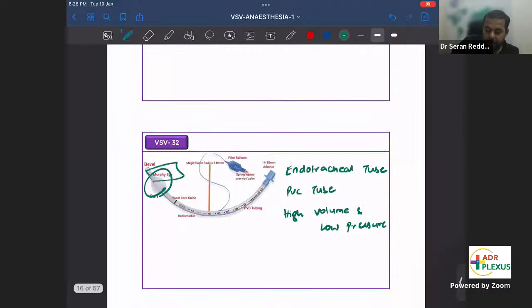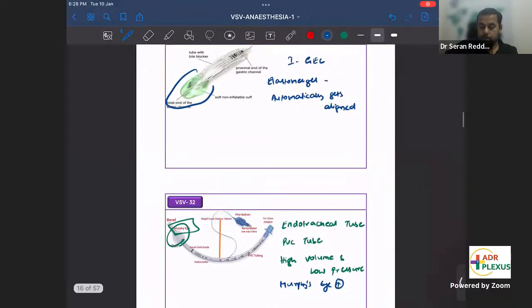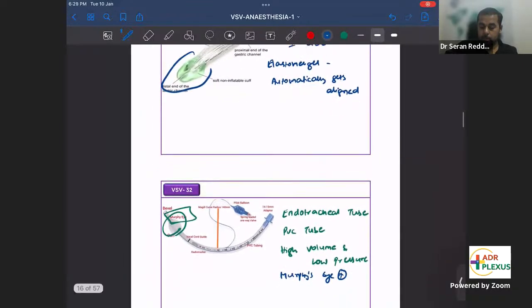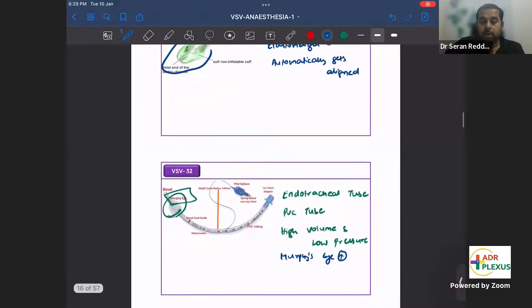And it has Murphy eye. Murphy eye is present. Okay, this is about the basic endotracheal tube, PVC tube.